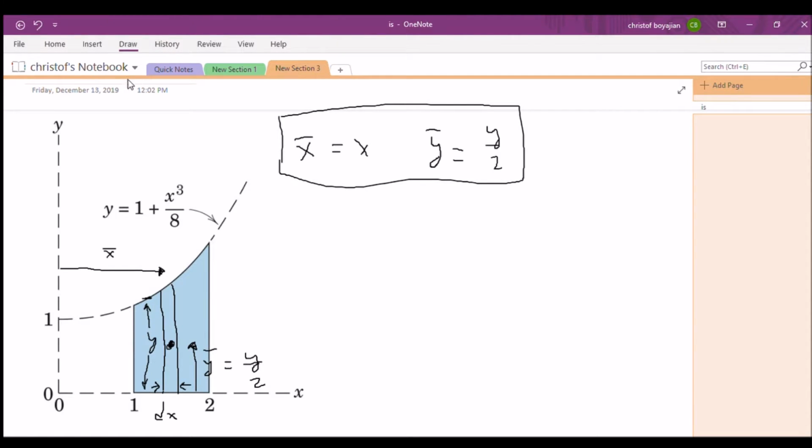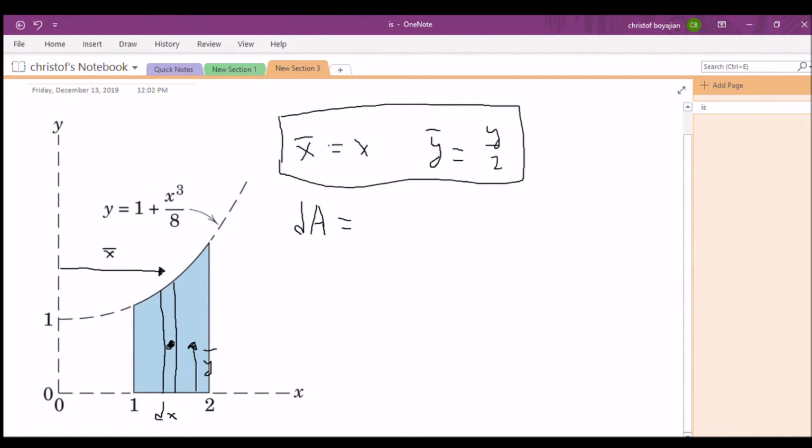Now I'm going to erase a little bit of this to save on neatness. I'm going to leave the x bar and the y bar there. Now what is our dA? Let's find our dA, because that's crucial to finding the centroids of our scenario here.